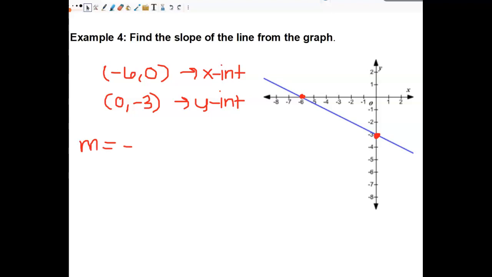So you have -3 minus 0 over 0 minus a -6.